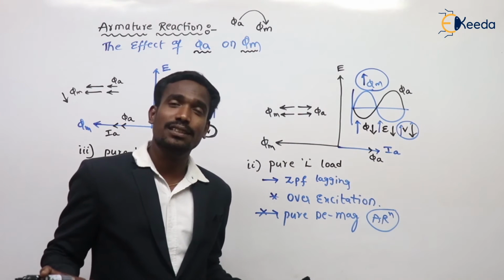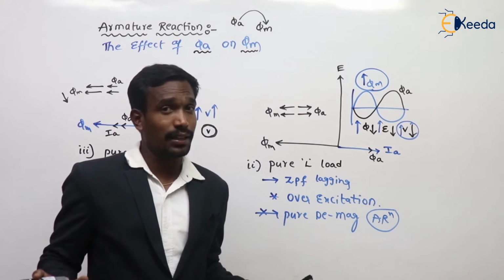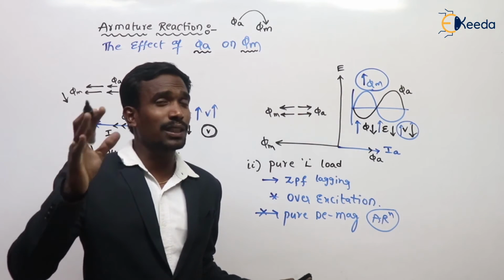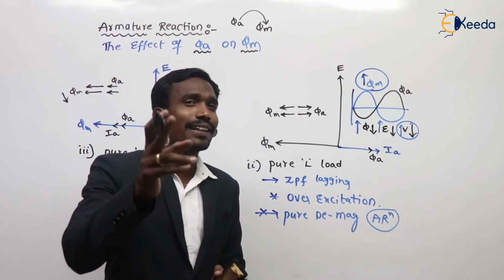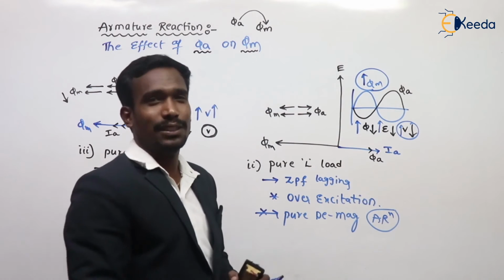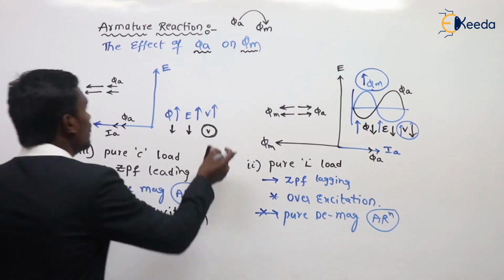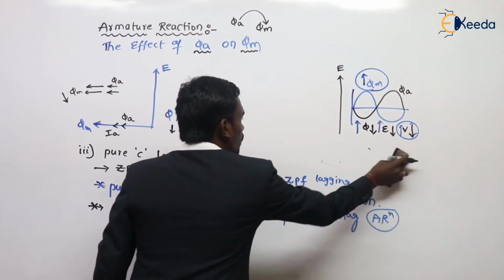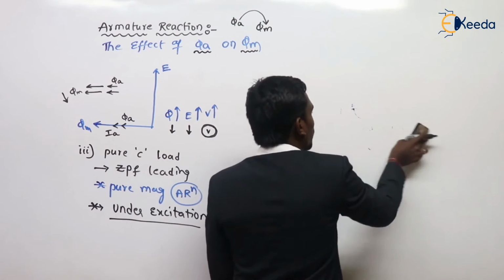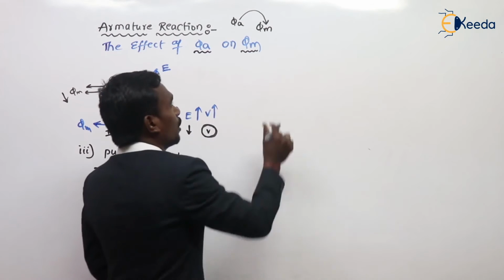Now the special cases, case 4 and case 5. Pure resistive, pure inductive, pure capacitive completed. What is the next load? Very good, resistive and inductive load. And the next load, resistive and capacitive, right? So for the next load, resistive and inductive load, simply called RL load.